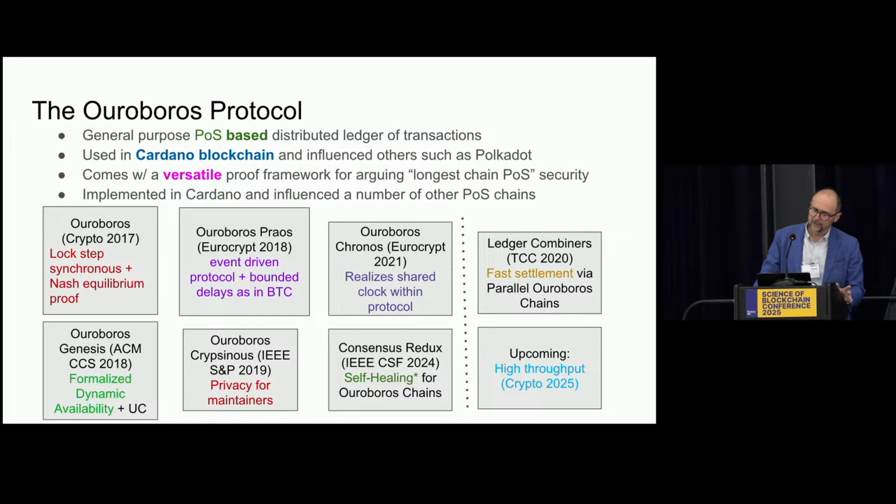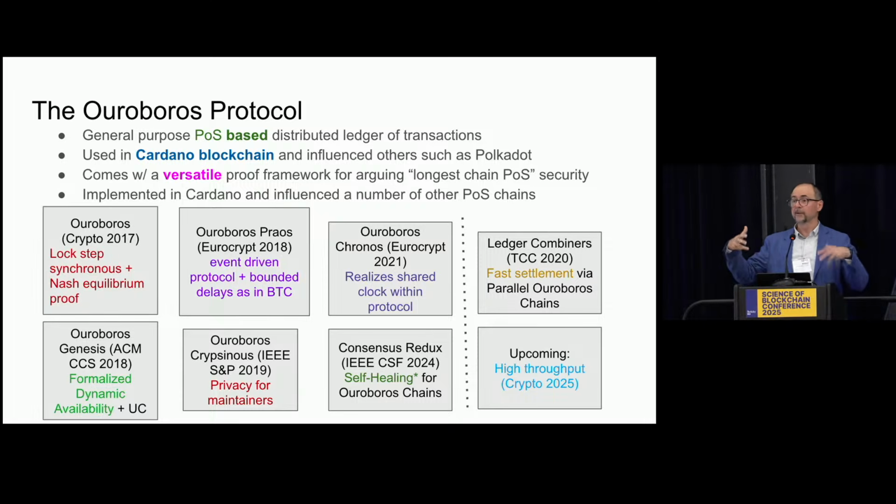The Bitcoin-like features that we managed to prove with this framework include dynamic availability, self-healing, privacy for maintainers, and clock synchronization, and we even went beyond what the Bitcoin blockchain can achieve, offering things like fast settlement and high throughput, which is upcoming work.